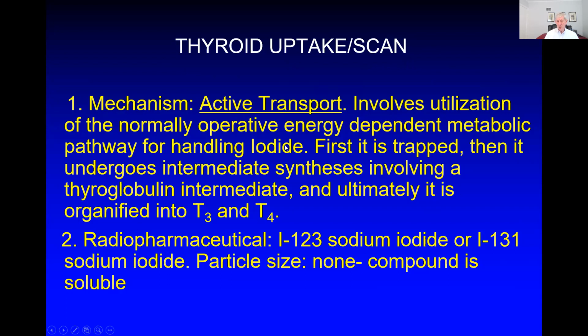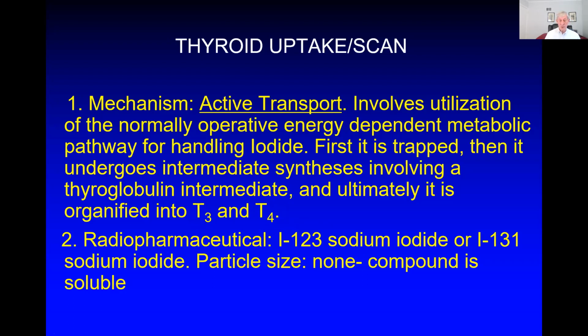First, the iodide is trapped, then it undergoes an intermediate with what's called thyroglobulin, that's a protein in the thyroid, and then it is converted from T1 to T2 to T3 to T4. Those are 4 energy-dependent iodination steps, and ultimately it ends up as T3 and T4 in the thyroid, and these 2 chemicals here have a biological half-life that's about 3 weeks.